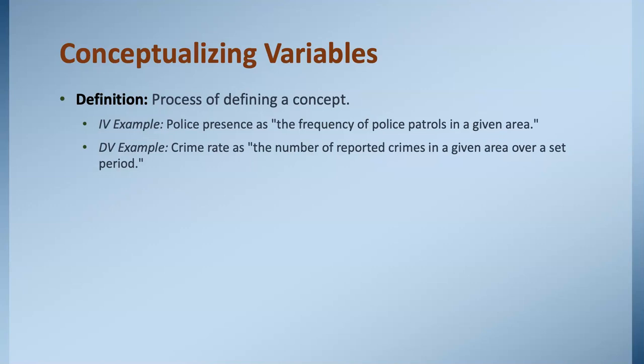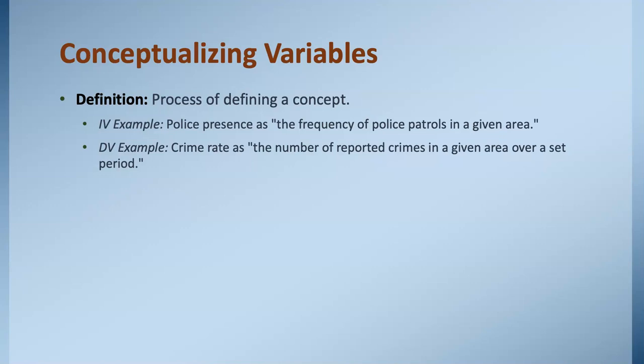Conceptualizing is the process of defining a concept within your study. You need to do this as part of your methods section. For our independent variable, police presence, we might conceptualize it as the frequency of police patrols in a given area.